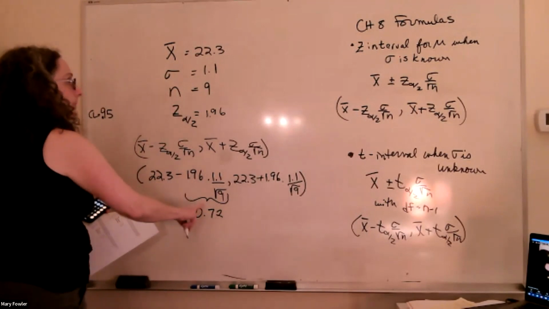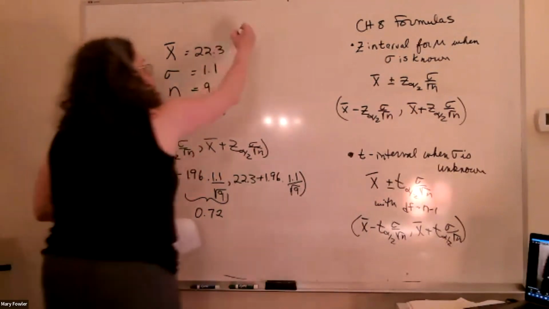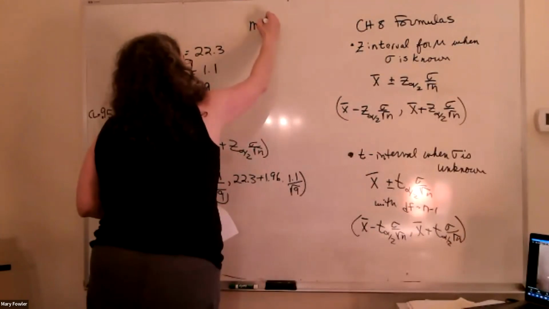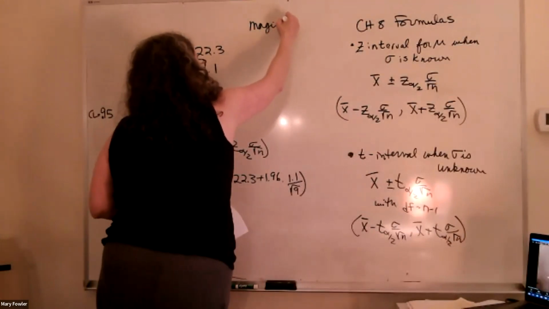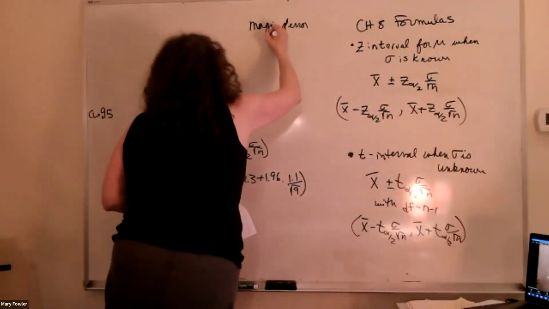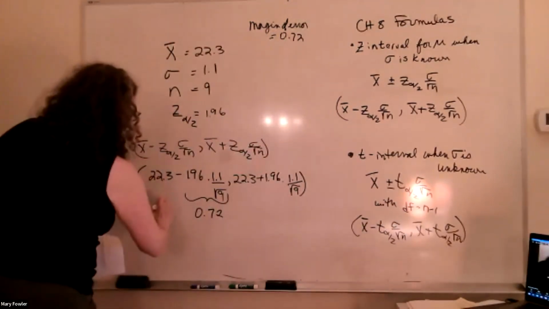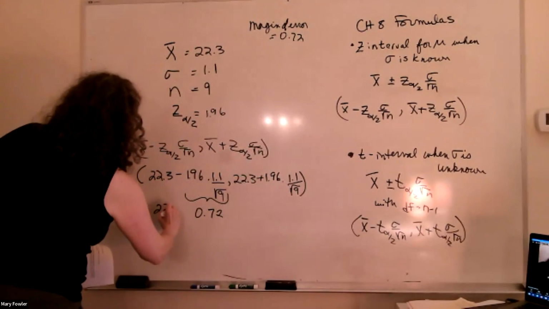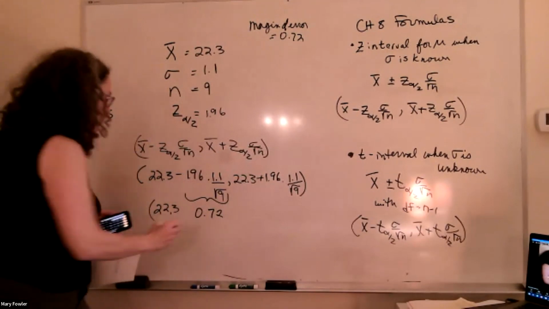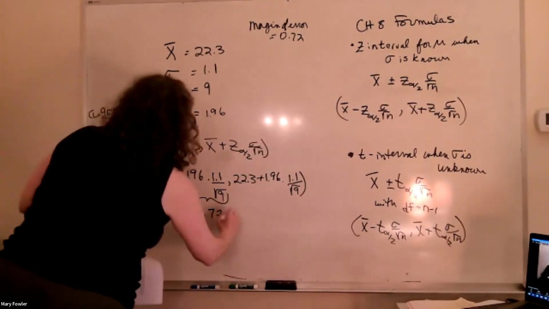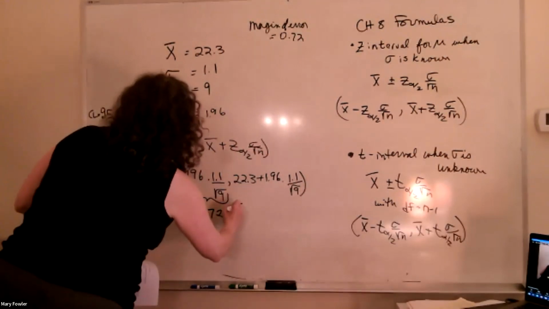And that is my margin of error. So let me note that. Margin of error is equal to 0.72 minutes. Now that we have the margin of error, we're going to subtract it from the sample mean.